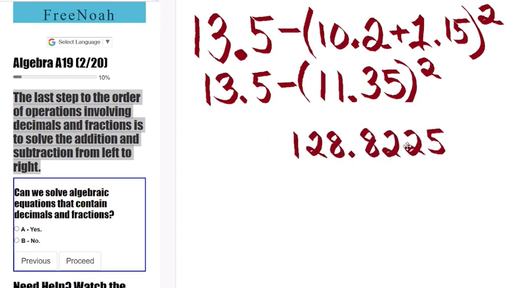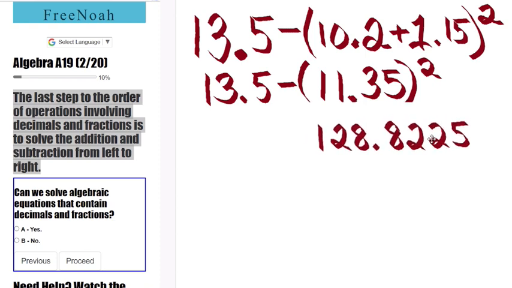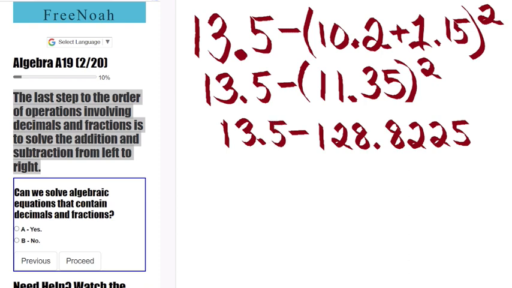So if you notice the position, if you were to take into consideration where this 128 and 8,225 10,000ths is, it's on our right side of the subtraction, which means that we're going to ultimately come out with a negative number here.